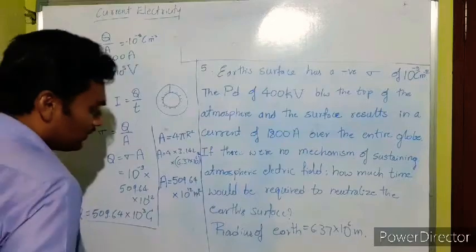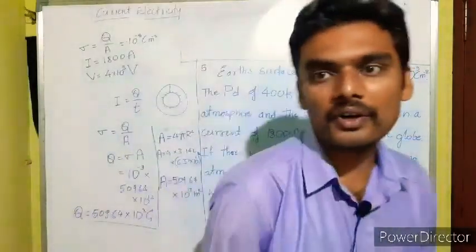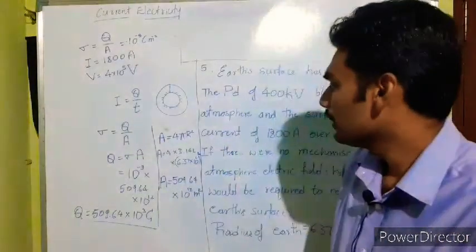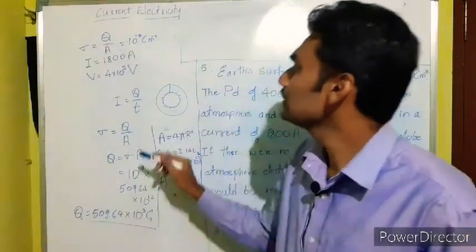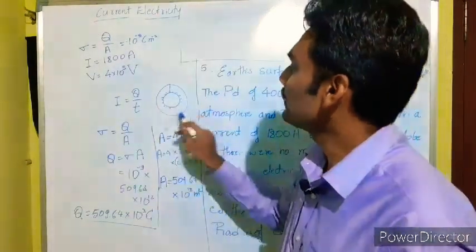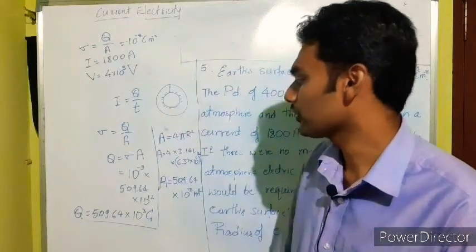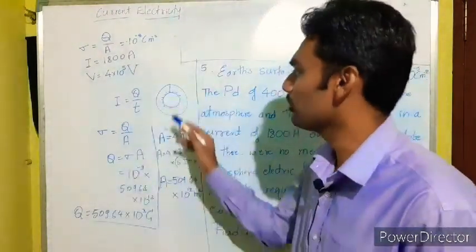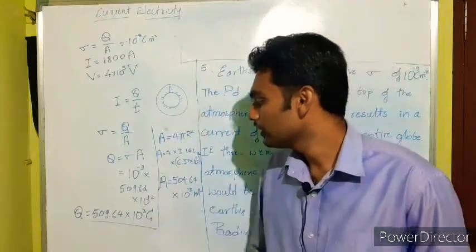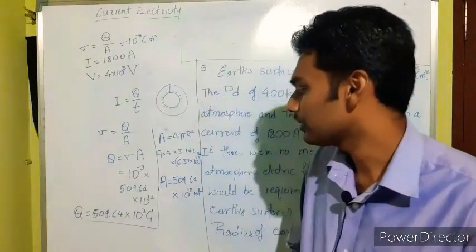So this is one important result. What does this value of Q say? It gives us the total charge deposited on the earth's surface, approximately 509.64 into 10 to the power of 3 coulomb.